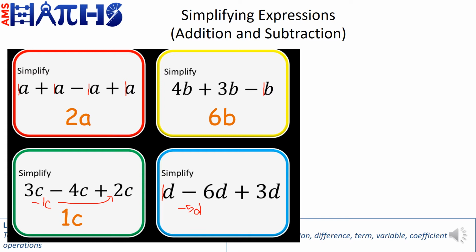And now we need to add 3 d's to that. So minus 5d plus 3d is going to give us minus 5 plus 3, which is minus 2d.